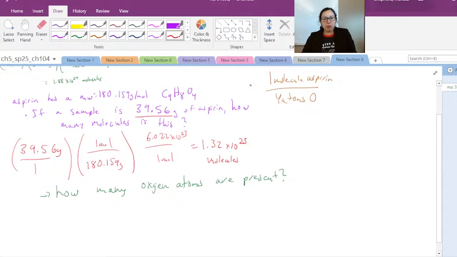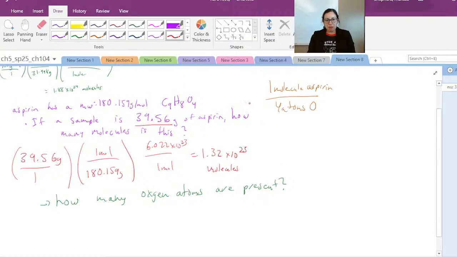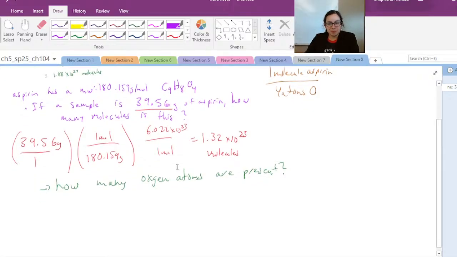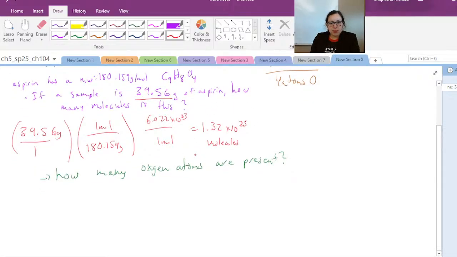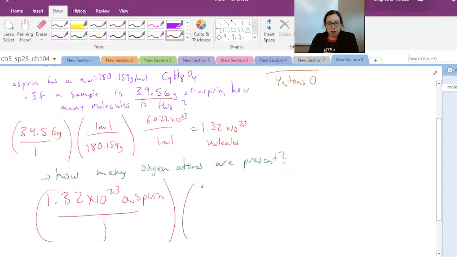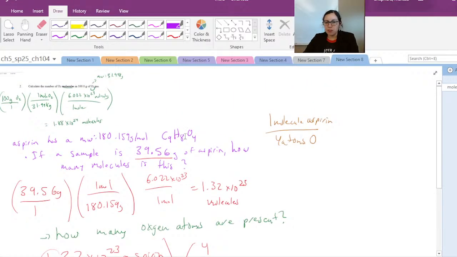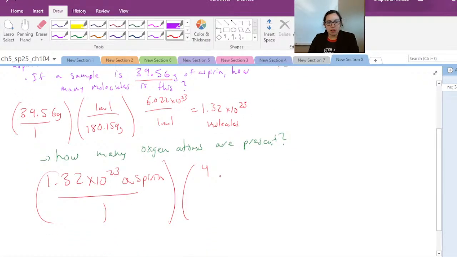But basically, we would just want to be able to establish our ratio then. Of course, we're talking about oxygen, but we could do that for carbon, for hydrogen. So then we can start with our 1.32 times 10 to the 23rd molecules of aspirin and multiply it by 4, using our relationship that there are 4 atoms of oxygen for every 1 aspirin.